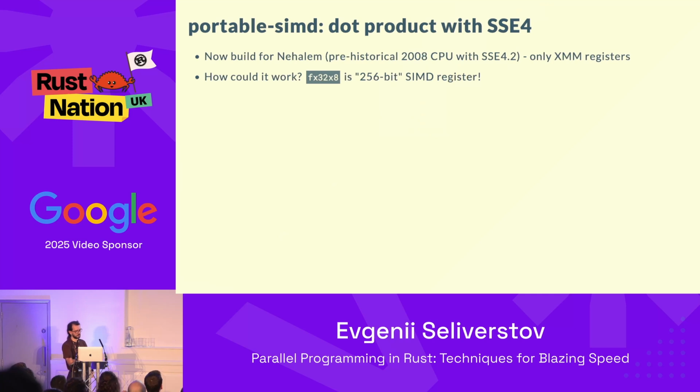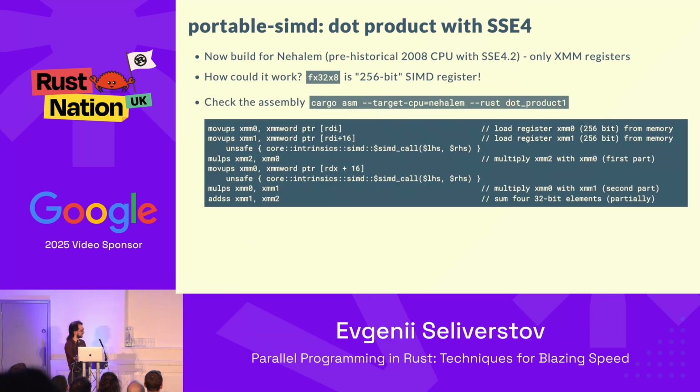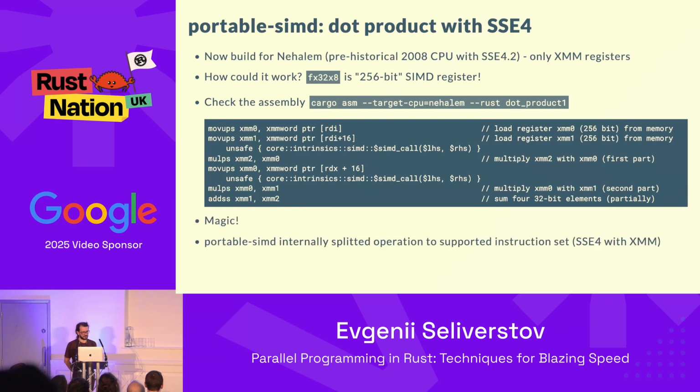Because if you just run it, it doesn't have a wide register. It's only 128 bits, right? So how could it work? Actually, if you check the assembly, we'll see that it uses normal registers. And it's magic. Portable SIMD actually rewrites our program to support only the specific instruction set.